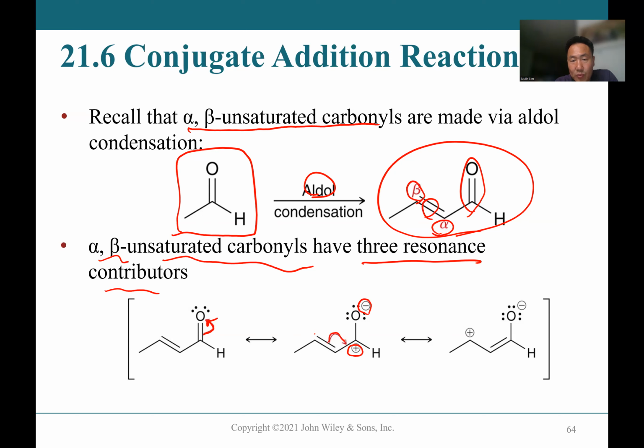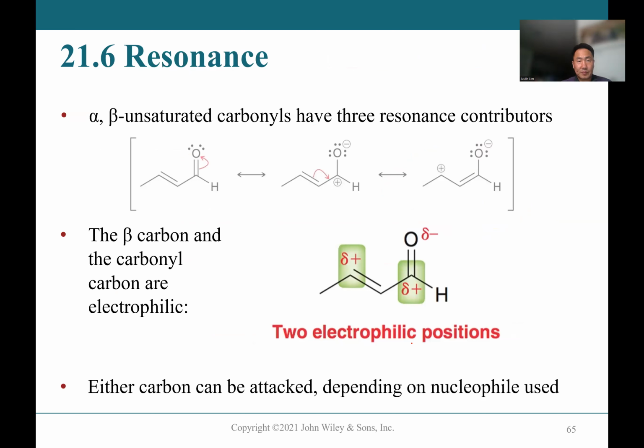Then with further movement, you can see a secondary allylic carbocation. So the beta carbon and the carbonyl carbon are electrophilic. Either carbon can be attacked, depending on the nucleophile used.